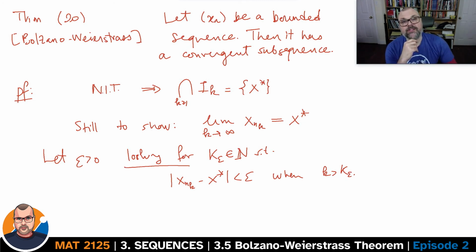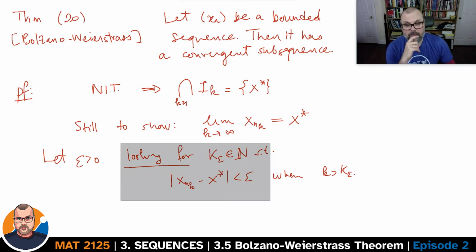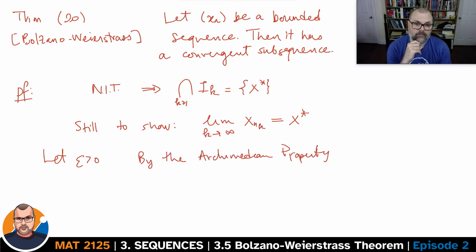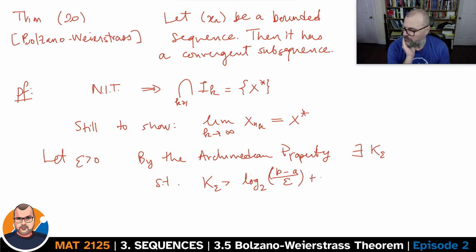We're going to pick a specific k epsilon by the Archimedean property. You can find an integer that we'll call k epsilon such that k epsilon is greater than the logarithm in base 2 of (b minus a) divided by epsilon, plus 1.